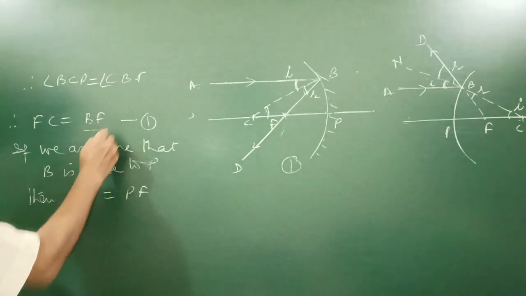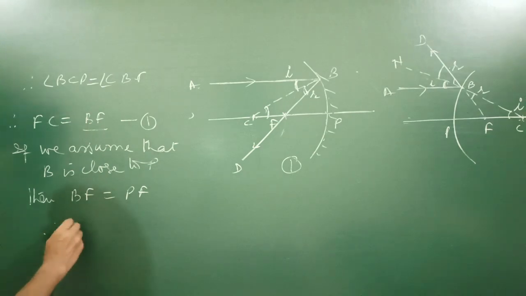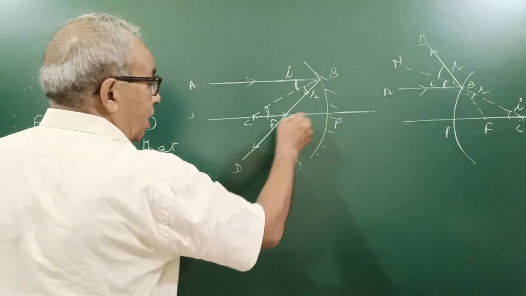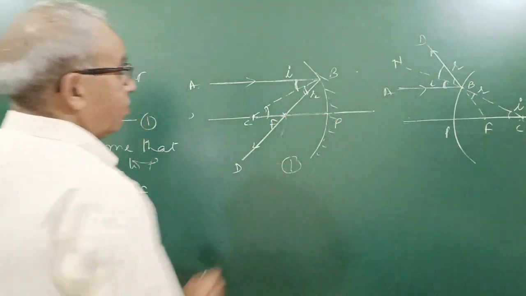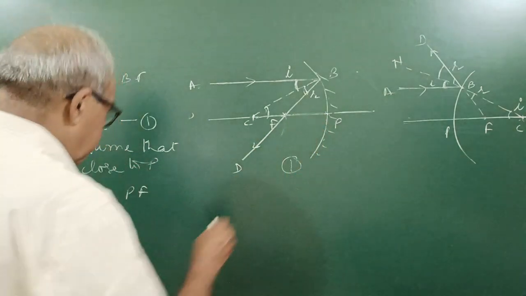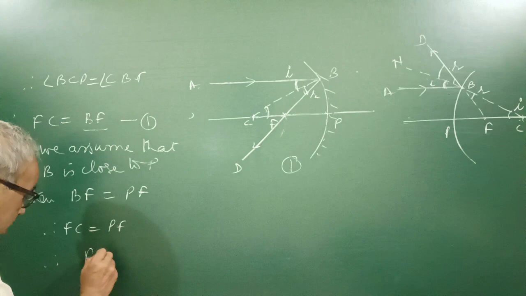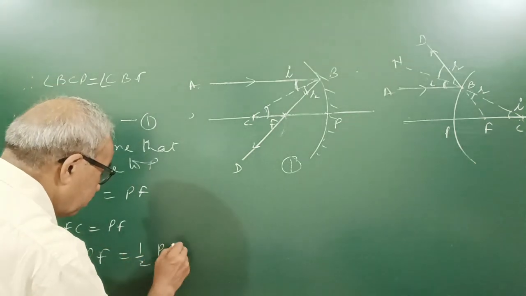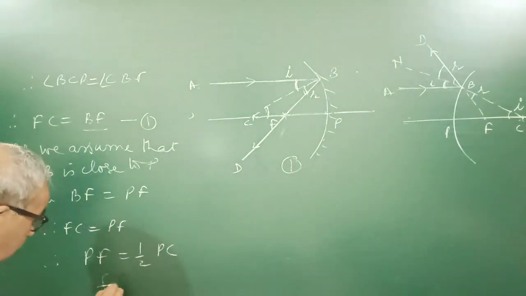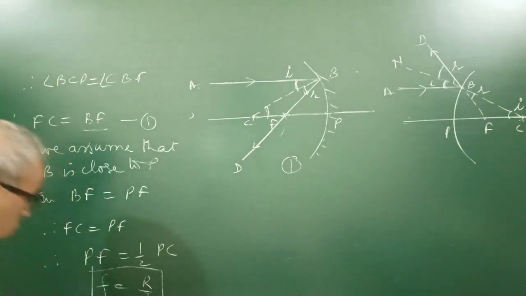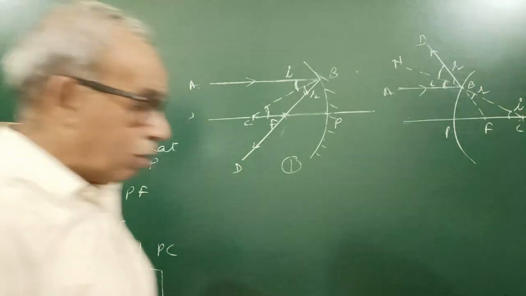Therefore, using this value here, we get F is equal to PF, and hence PF is equal to half of PC, or PF equal to focal length R by 2. So this way you can prove F equals R by 2.